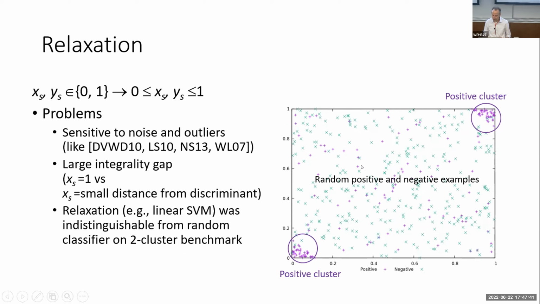I'd like to show instead a more concrete example in which the positive examples are all clustered at the corner of the unit square, and then I generate a bunch of positive and negative examples spread uniformly within the unit square. And here the optimal classifier with high precision would be something that cuts one of the positive clusters, whereas the relaxation is going to be basically a random hyperplane.